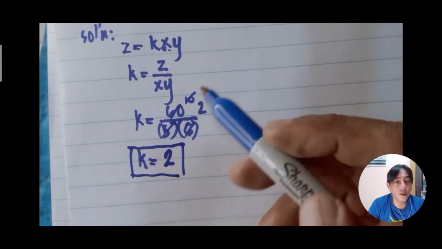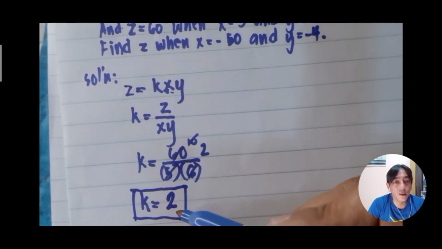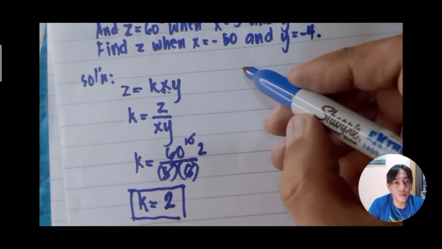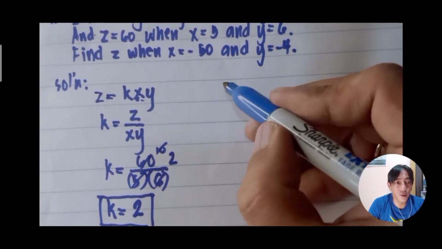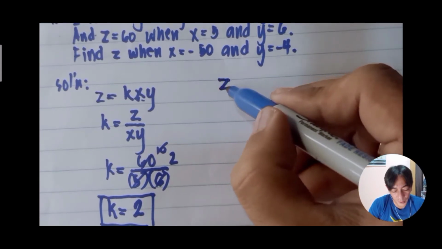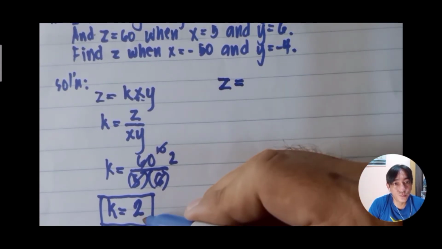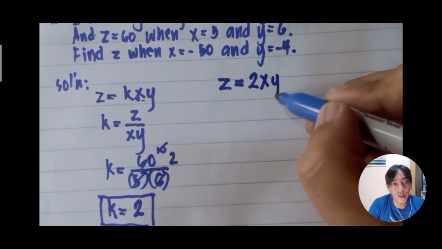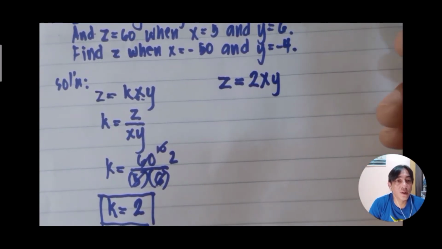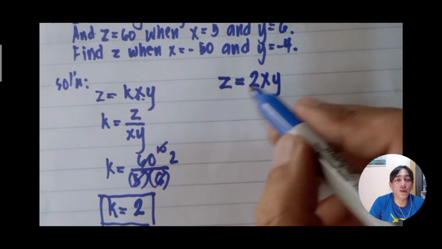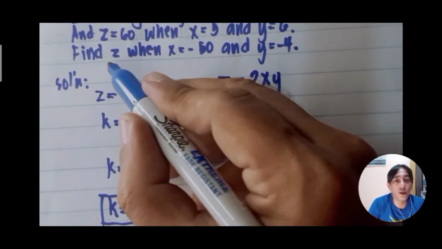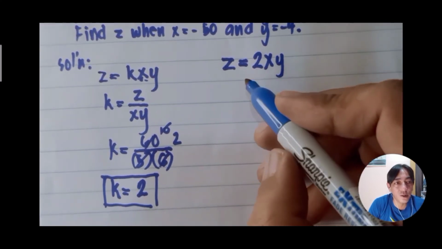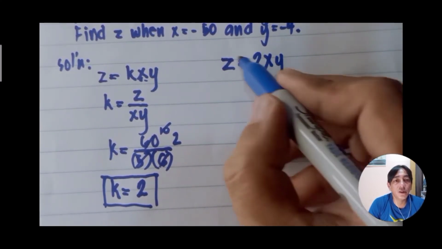So pag na-solve na natin yung value ng k na yan, i-substitute natin siya dun sa mathematical equation para mabuo natin yung equation of variation. So z now is equal to 2 times x times y. So ito na ngayon yung ating equation of variation. So hinahanap natin z, so wala na tayong gagalawin sa equation of variation. So solve na natin siya.